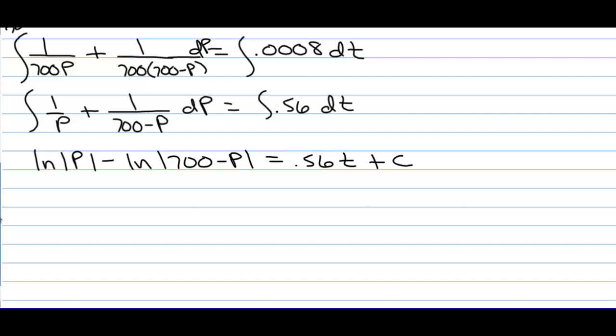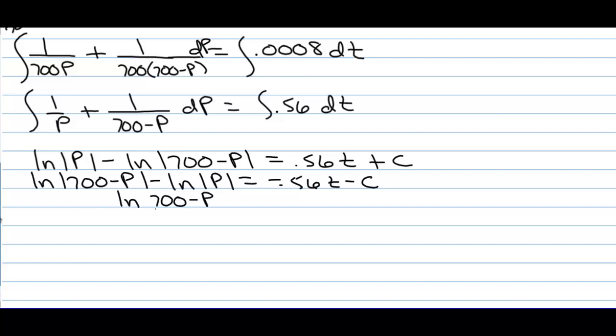Well, we actually want the 700 minus P on top. We're going to multiply by -1: natural log of 700 minus P minus natural log of P is equal to -0.56t minus c. Now we have natural log of 700 minus P over P is equal to -0.56t minus c.